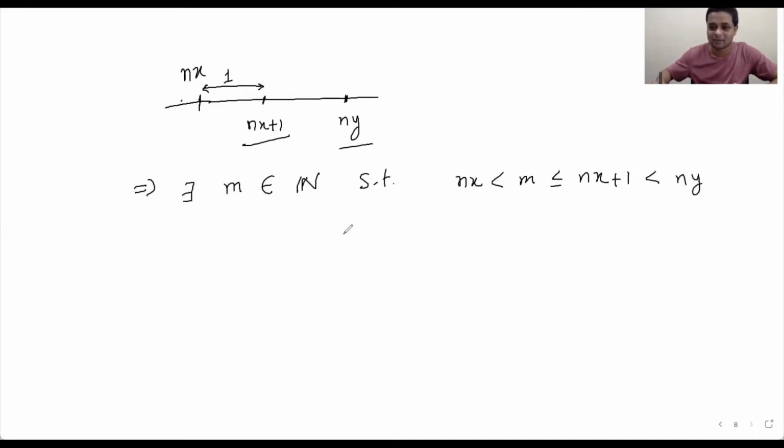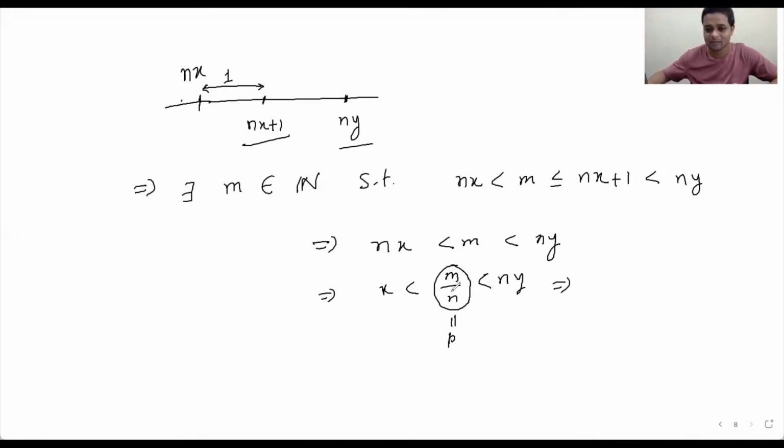Therefore, nx is less than m less than ny, and this implies x is less than m by n, which is less than y, and we denote it by p. After cancelling the common factors, this is equal to p. So x is less than p less than y. So p is rational. So there exists some rational p in between x and y. This is the proof of the density property.